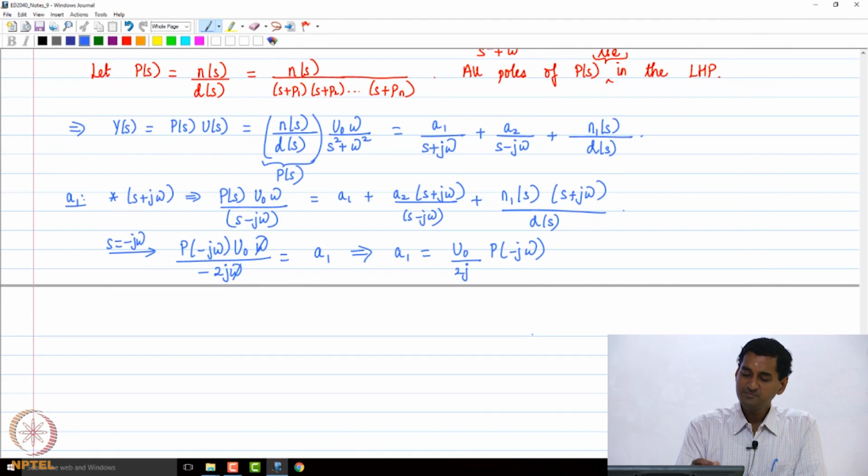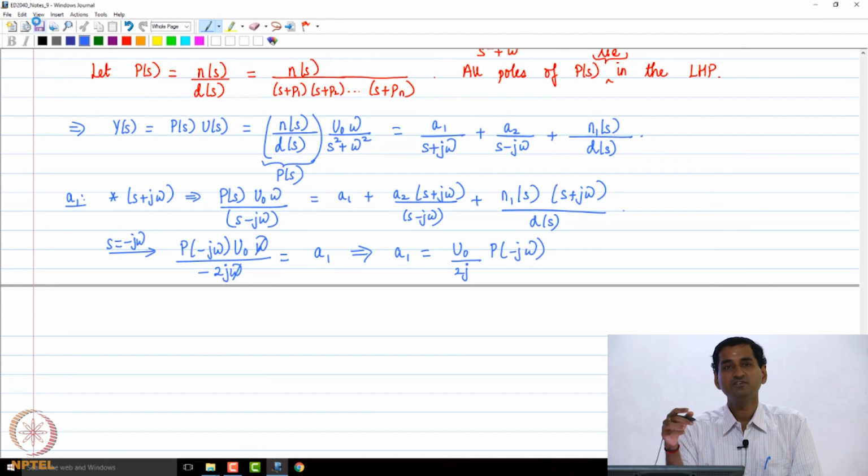What is P of minus j omega? P of minus j omega is the plant transfer function evaluated at s equals minus j omega. Obviously, that is going to be a complex quantity. Any complex variable has a magnitude and a phase, and there are various representations of a complex variable. I can have a representation in terms of real and imaginary parts. I can also have a magnitude and phase representation for the same complex variable.